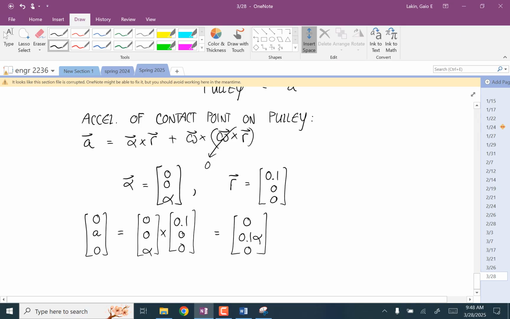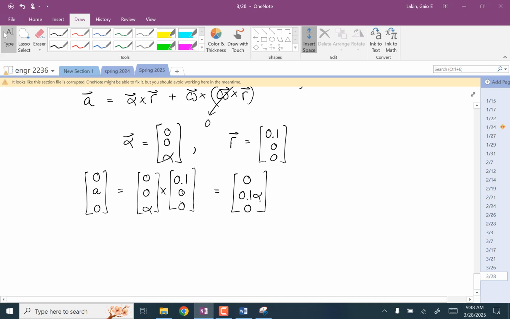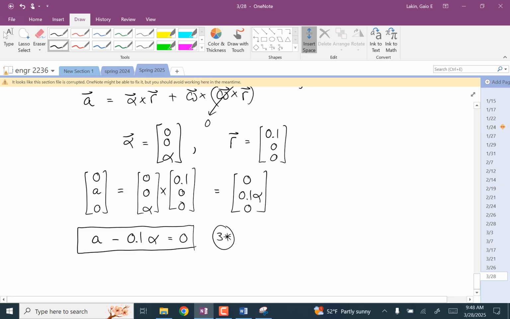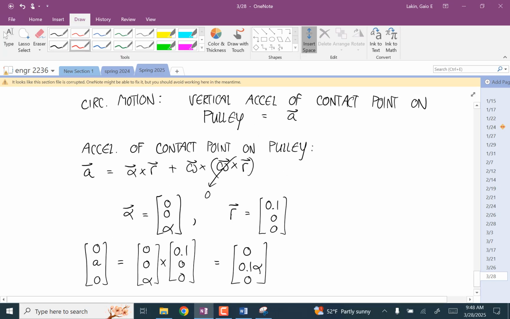And so we get our equation 3 star that says A is equal to 0.1 alpha. I'll write it as A minus 0.1 alpha is equal to 0. This is equation 3 star. We don't care about this term anyways, so even if it didn't go to 0, we're going to throw away that centripetal acceleration.